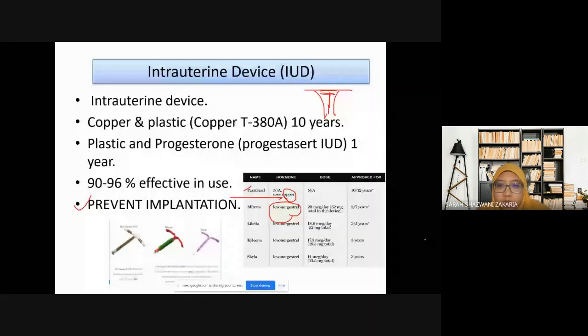You understand how progesterone has its effect. These are approved for 10 to 12 years, 5 to 7 years, 3 to 5 years. So this is the variance of IUD forms and the duration of wearing them.